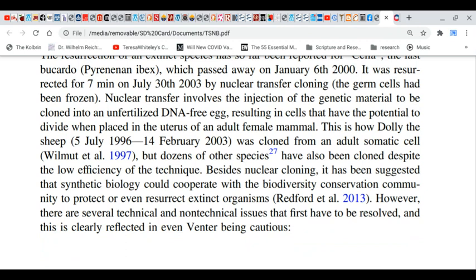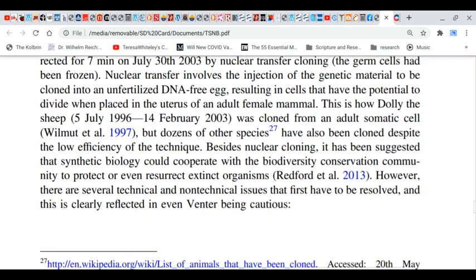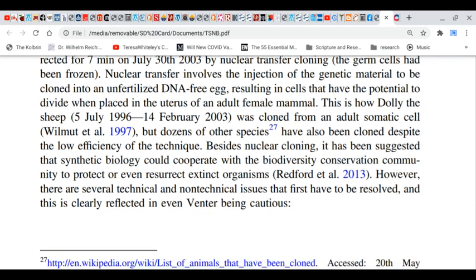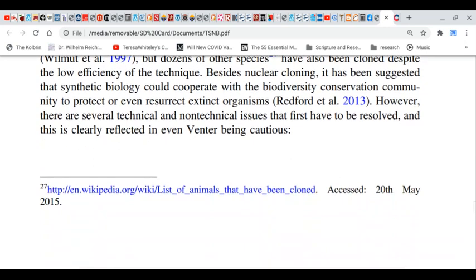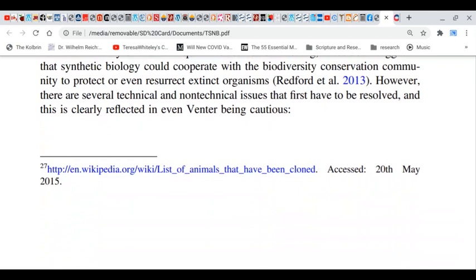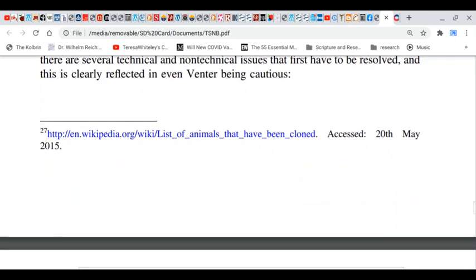Despite nuclear cloning, it's been suggested that synthetic biology could cooperate with the biodiversity conservation community to protect or even resurrect extinct organisms. However, there are several technical and non-technical issues that first have to be resolved, and this is clearly reflected even by the inventors being cautious.